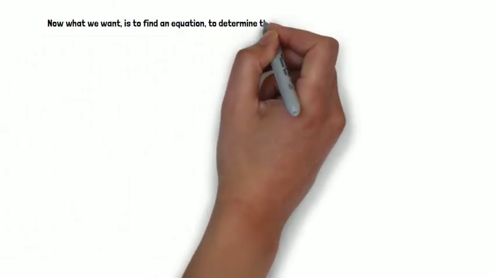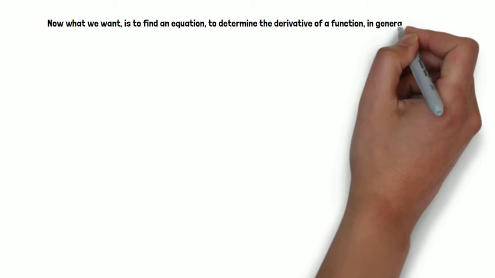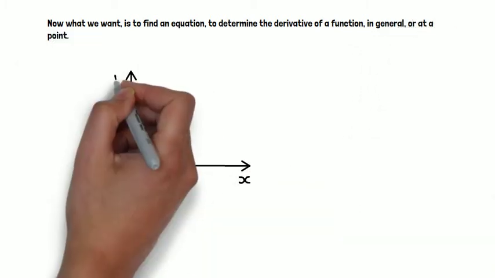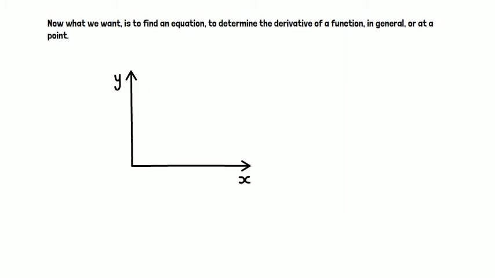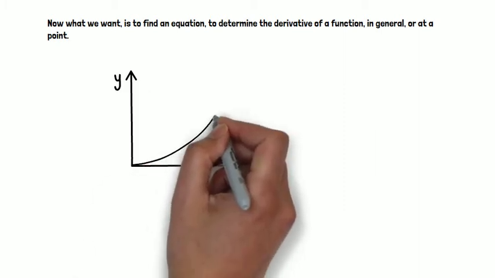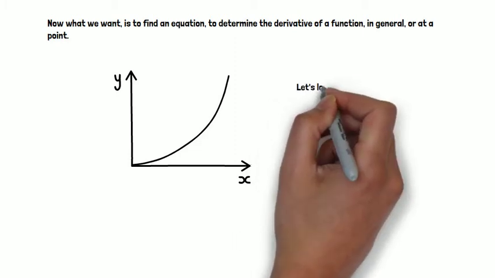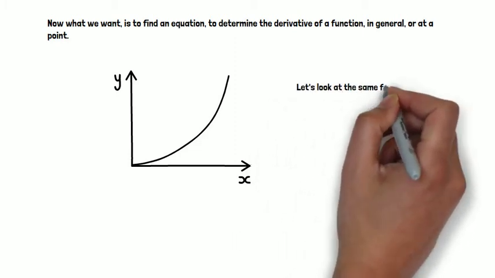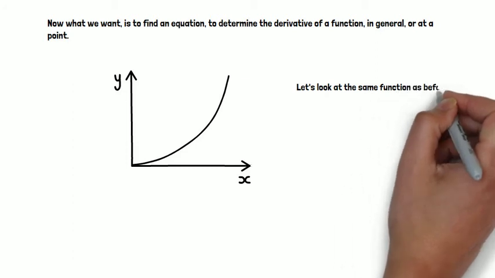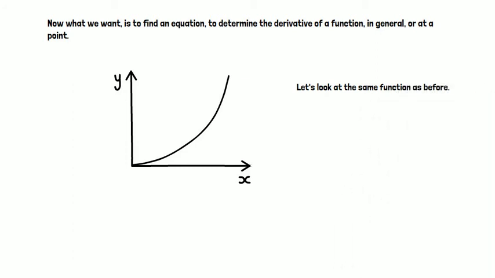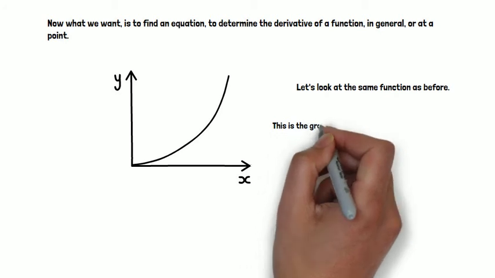So now what we want to do is find an equation to determine the derivative of a function in general or at a point. Something we can use to say, okay, the derivative at x equals 1 is some number, and the derivative at x equals 2 is another number. Or we can just say the derivative at any point is represented by a function. We're looking at the same function as before.